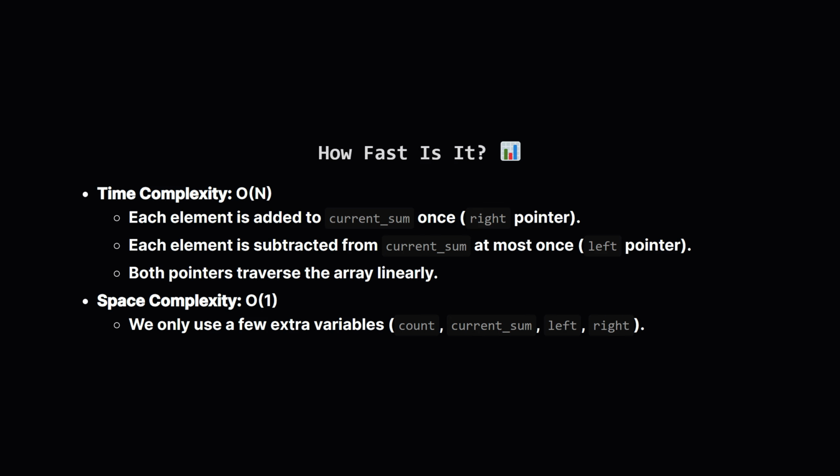This means the total work is proportional to the number of elements in the list, so the time complexity is big O of n, or order n. That's really efficient. And what about memory? We're only using a few variables like count, current_sum, left and right, regardless of how big the input array is. So the space complexity is constant, which we call big O of 1, or order 1. Much better than our initial brute force idea.